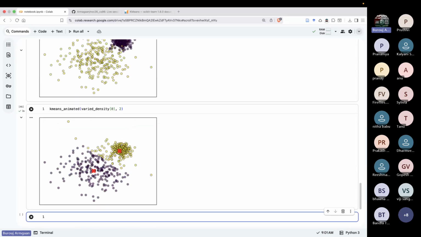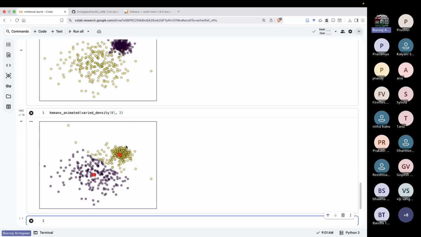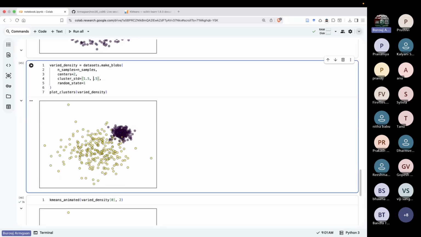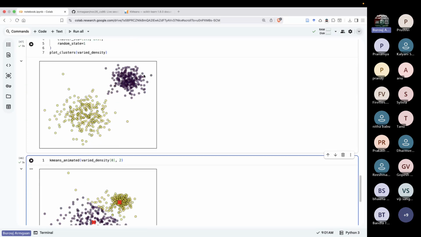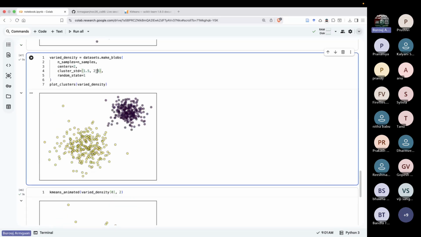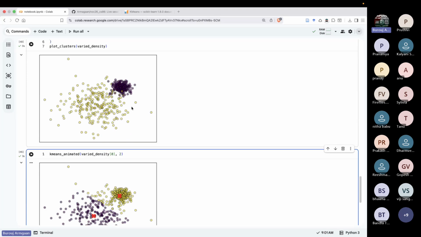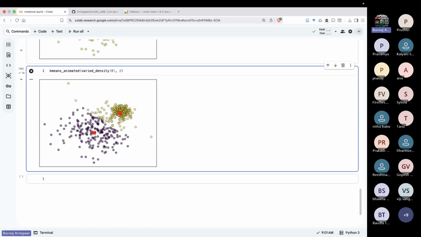But what happens here is that k-means again has this invisible line where some of the points are stolen by the dense cluster. When we had a smaller density, we were not able to see this effect because they are fairly far apart, so it gets away with it. But if these things are a bit closer, for example like this, then k-means struggles.